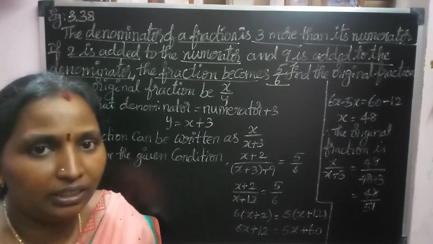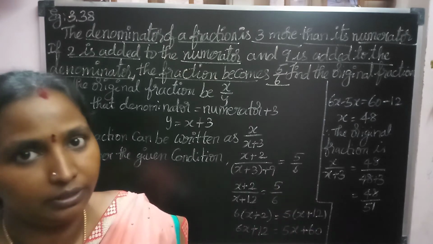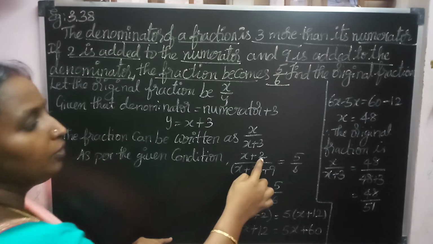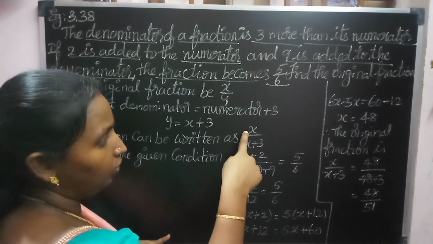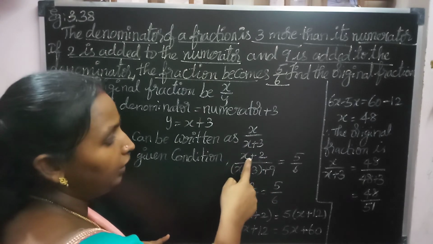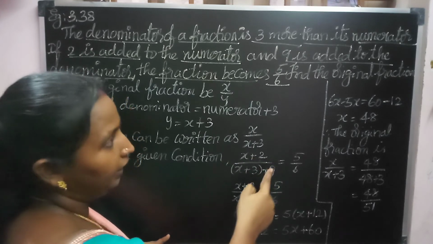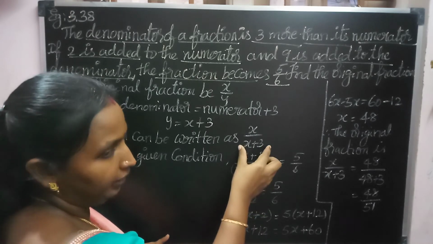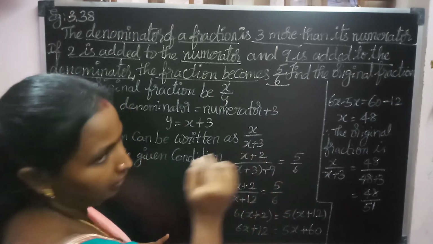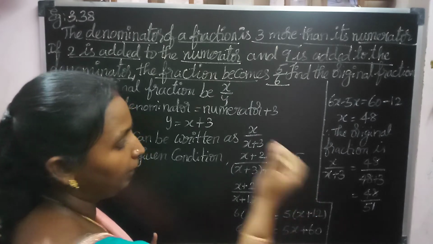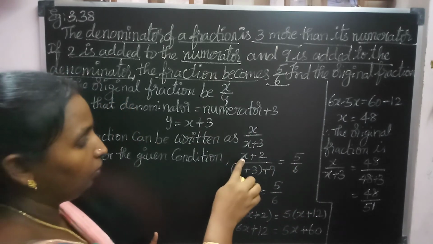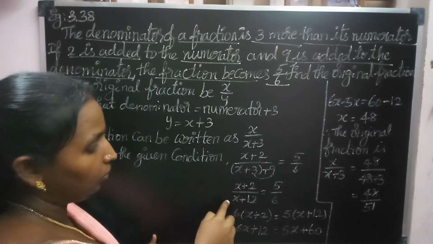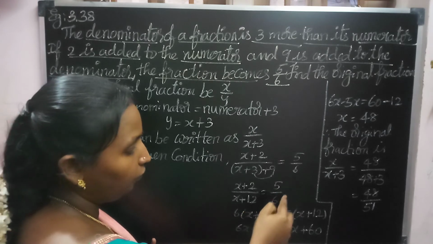As per the given condition, for the numerator we have x plus 2, divided by x plus 3 already in the denominator, plus 9. So you get the fraction 5 by 6. Is it clear? Now 3 plus 9 gives 12, so x plus 2 divided by x plus 12 equals 5 by 6.